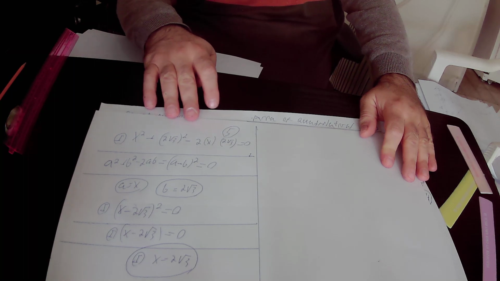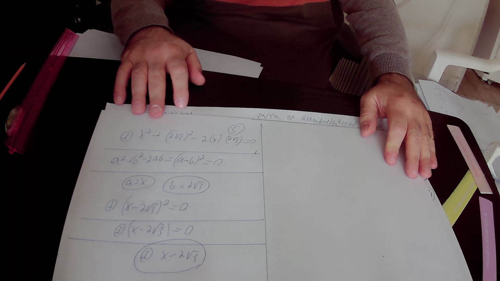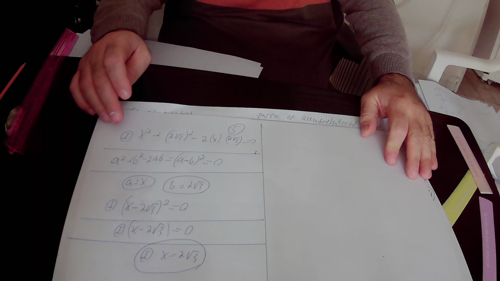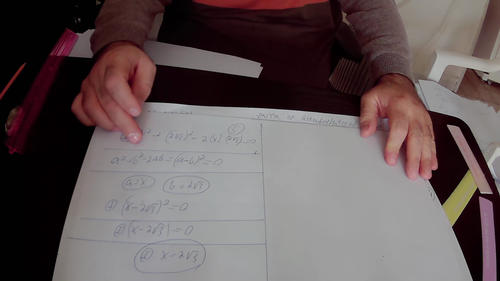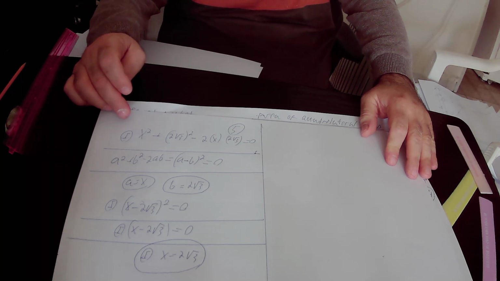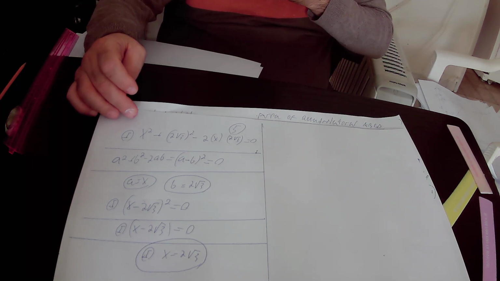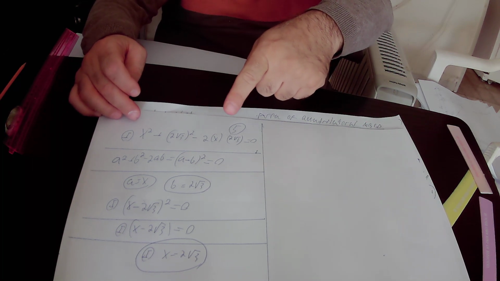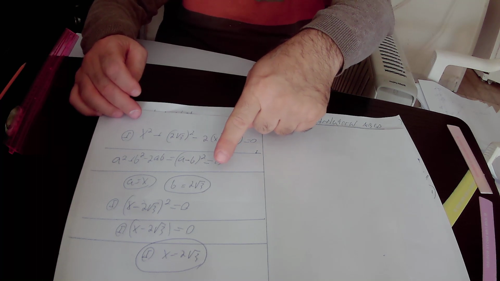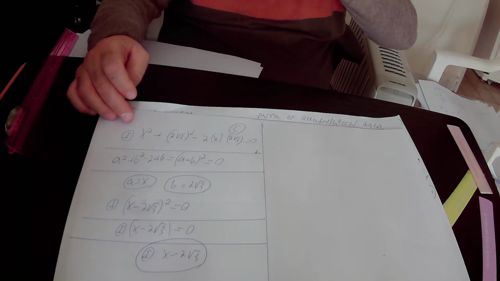This expression is very similar to the algebraic identity that states that a squared plus b squared minus 2ab equals (a minus b) squared. In our specific expression, a equals x and b equals 2 times square root of 3 units.